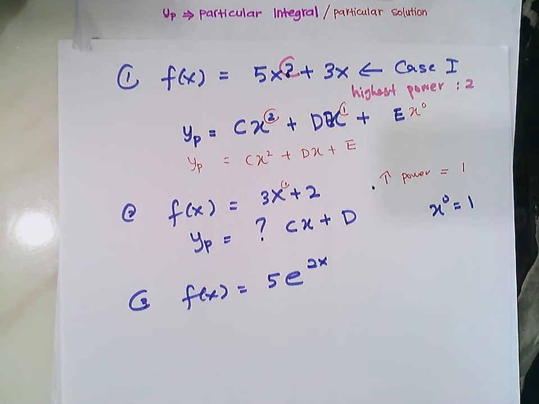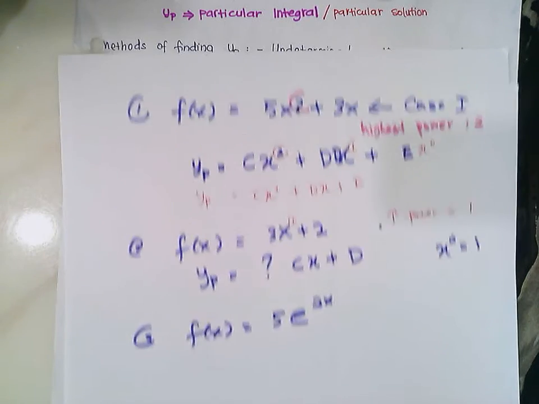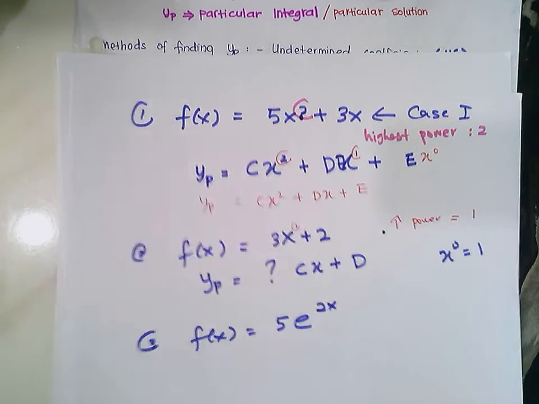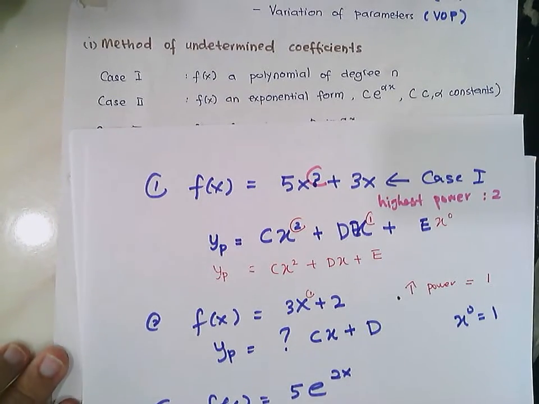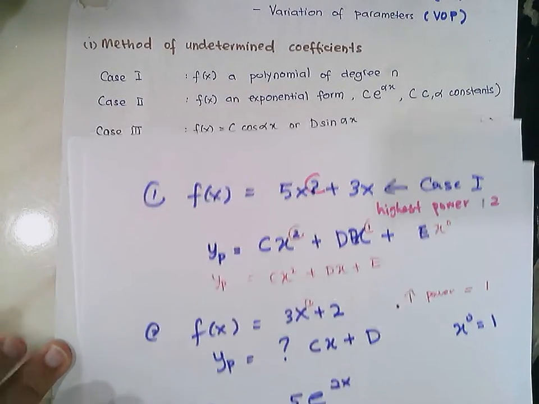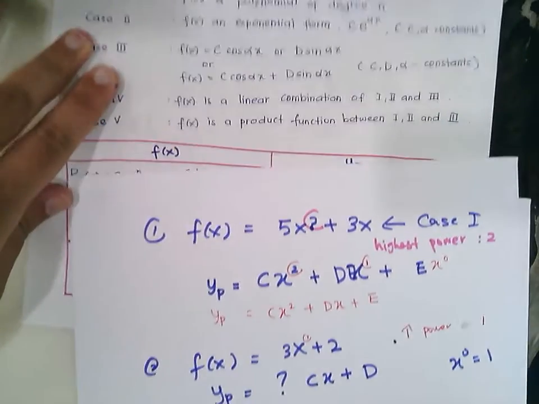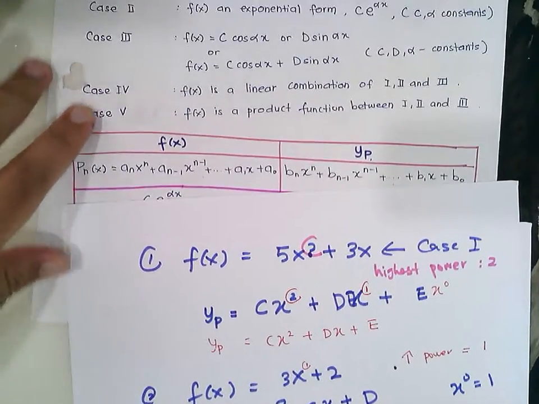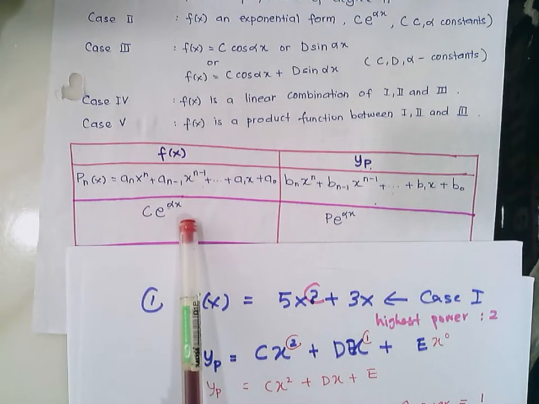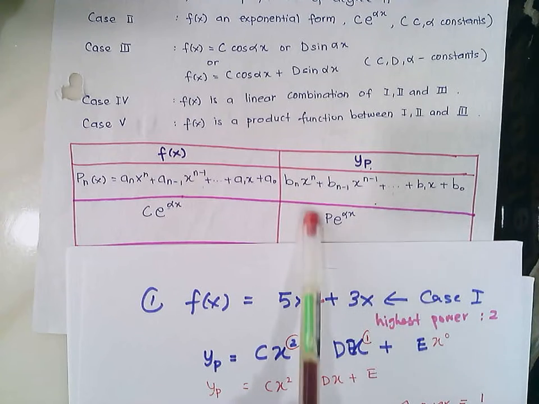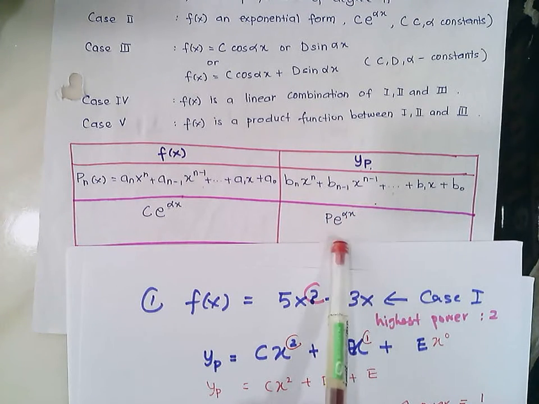So this is your fx. Now your fx is an exponential function, isn't it? As you can see here, when you have an exponential function, your yp is also an exponential function.